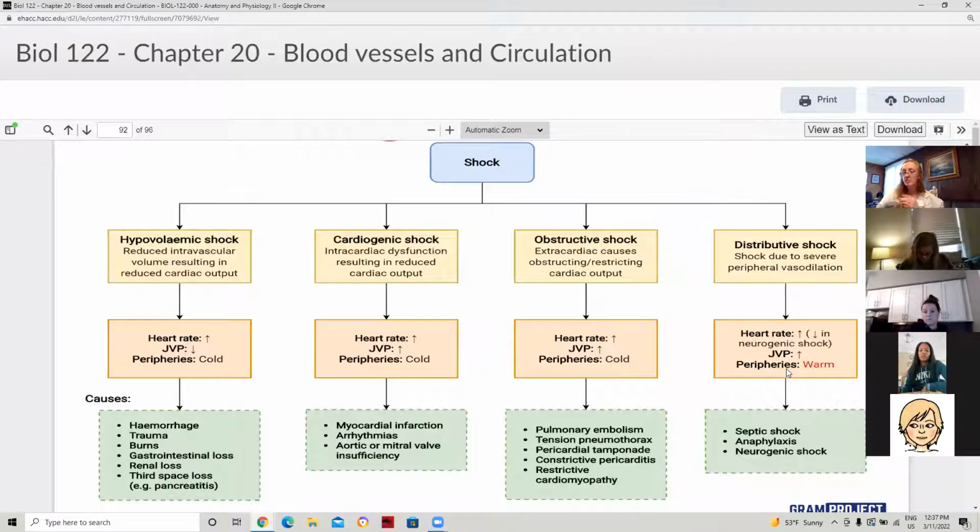Other questions? So it's all related to the fact that there is a reduced cardiac output. One way or another, it's coming because of stroke volume.